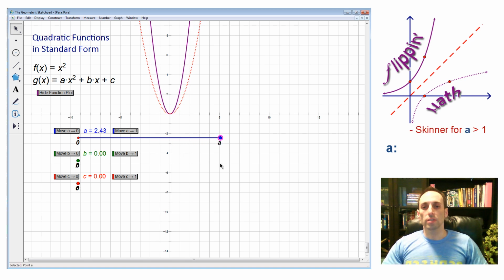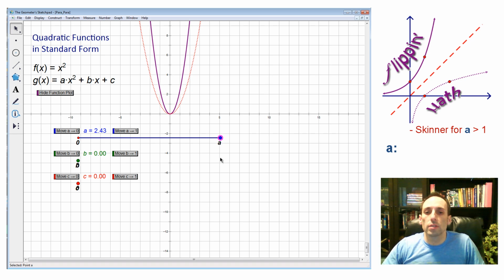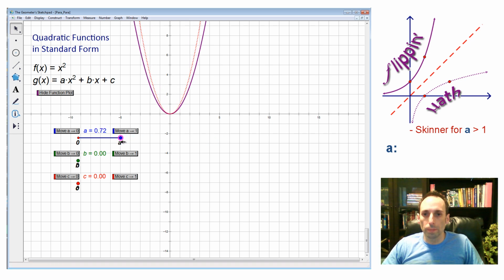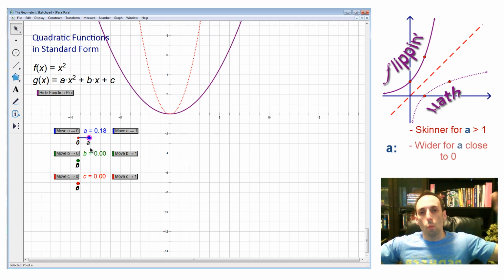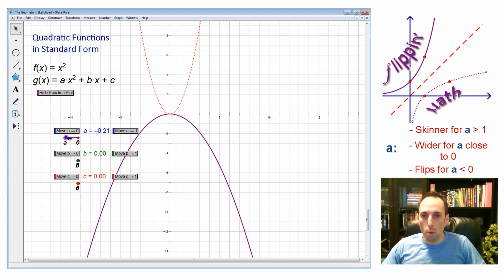The reason why it's getting skinnier is because you are stretching your y values by that amount, and it makes it look like it's skinnier. Okay, let me make this thing closer to 0. Make it closer to 0, it's getting wider and wider and wider. And what do you think is going to happen if I make it negative? Let's go ahead and make it negative.